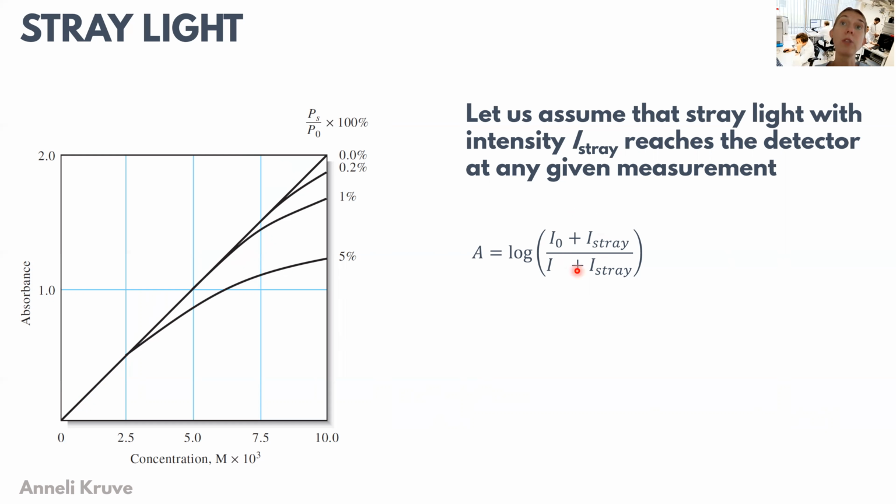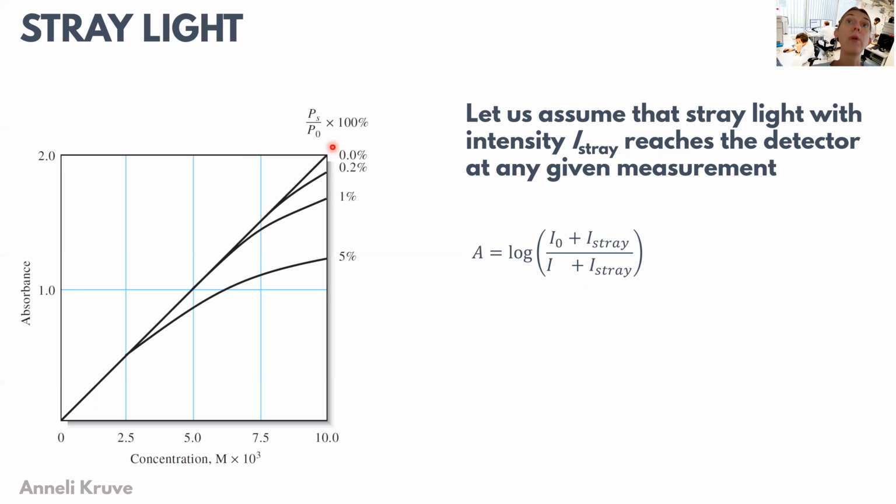And the same is also observed when we measure the sample. So we actually see the sum of the intensity of the light that is actually passing through the sample and the stray light. So as a result, the linear relationship is not anymore preserved.